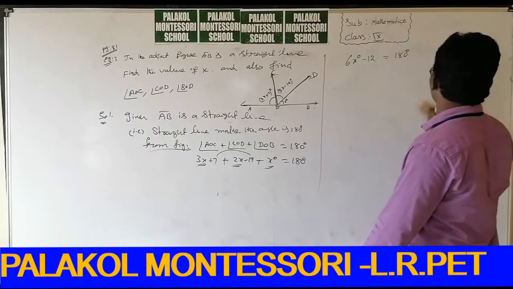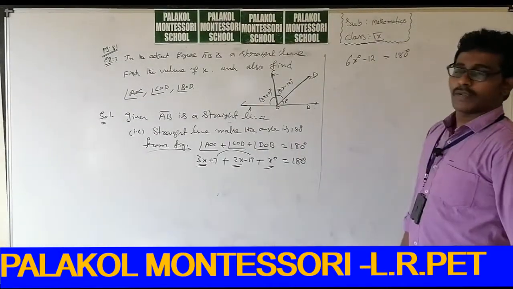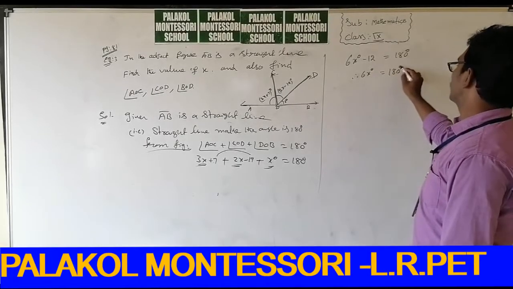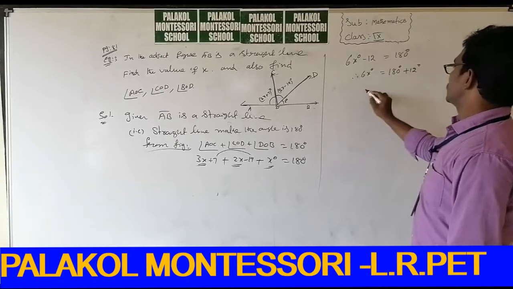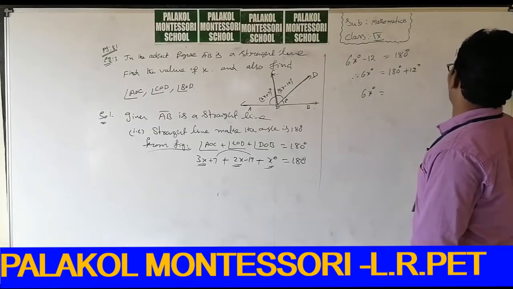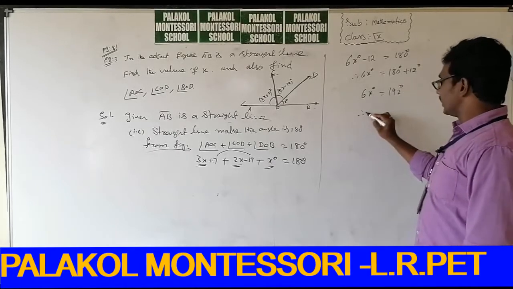Next, this minus 12 goes to that side as plus 12. So 6x degrees is equal to 180 degrees plus 12, which is 192 degrees.